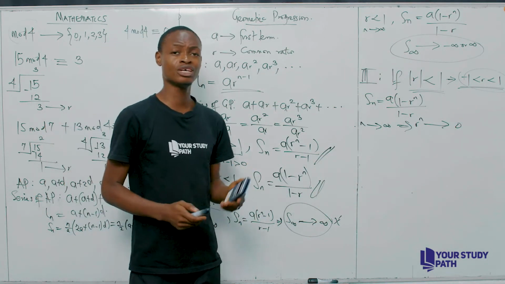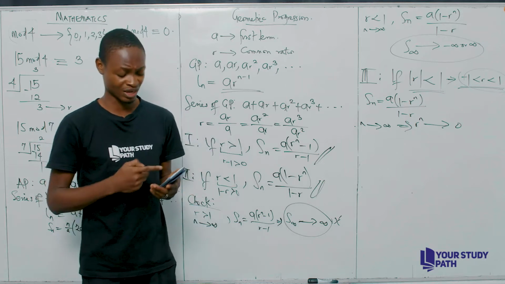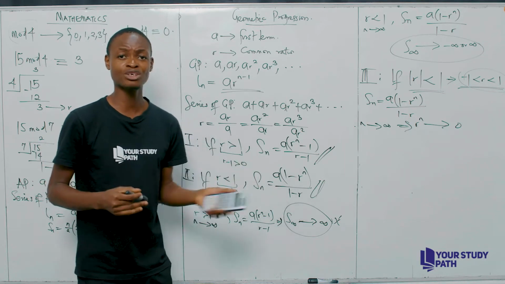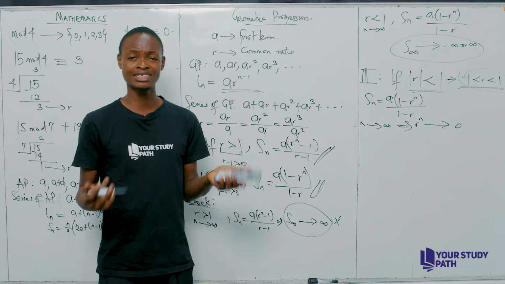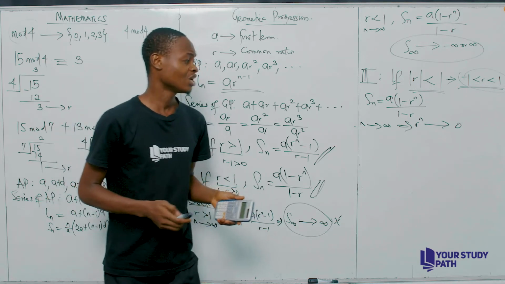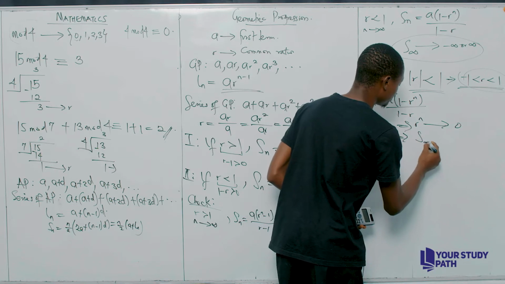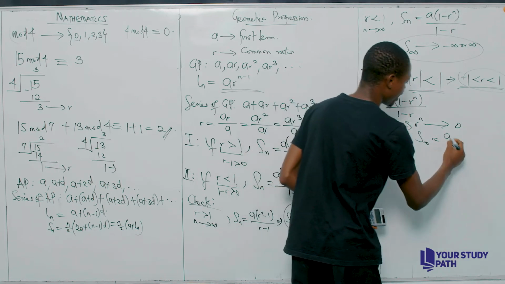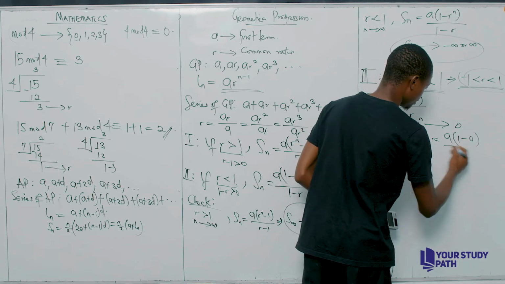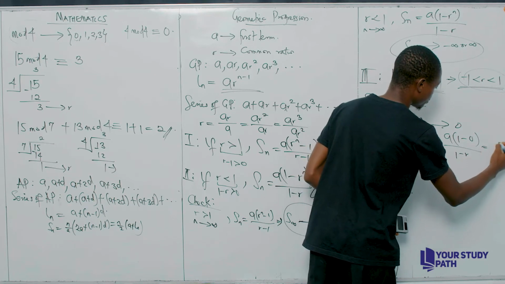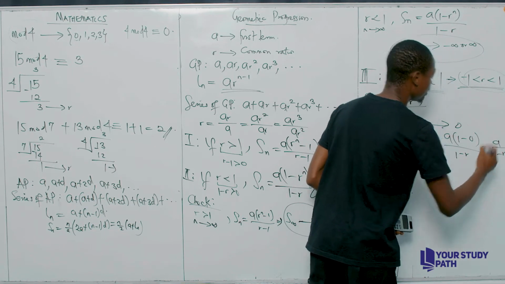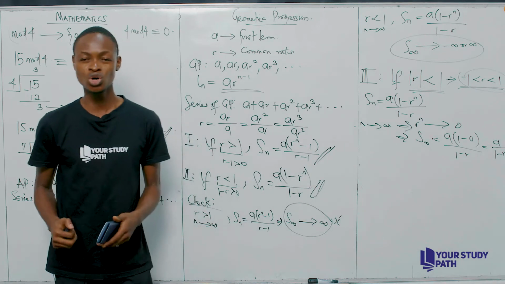Just as we checked 0.15 raised to power 5 million, we had a 0 value. If you check minus 0.5 raised to power 1 million, we had 0 value, and so on and so forth. What does this mean? It means that if we were to find the sum to infinity within that value, we would have a into 1 minus 0 divided by 1 minus r, which will give us a divided by 1 minus r.